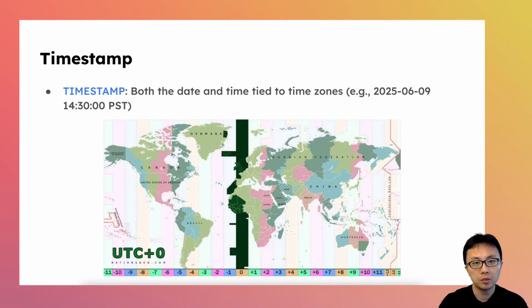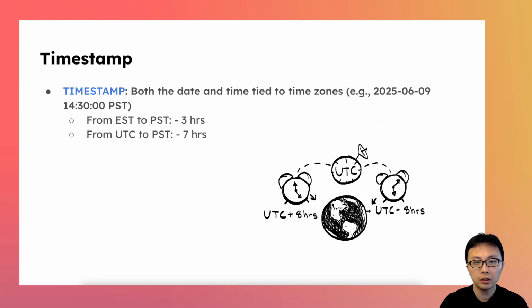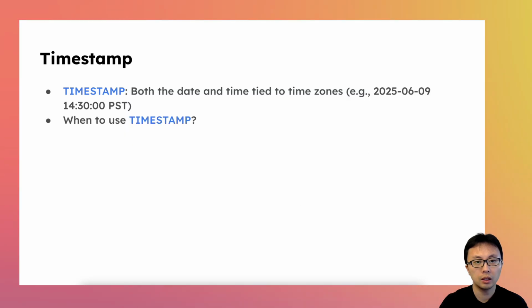The power of timestamp lies in automatic time zone handling. A data point of timestamp is tied to a specific time zone or the coordinated universal time. Timestamp data can be converted from one time zone to another, which is very useful when you need to support applications used by people across the world.